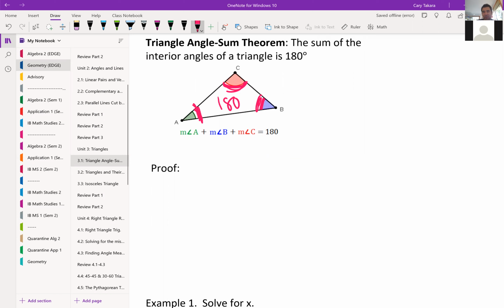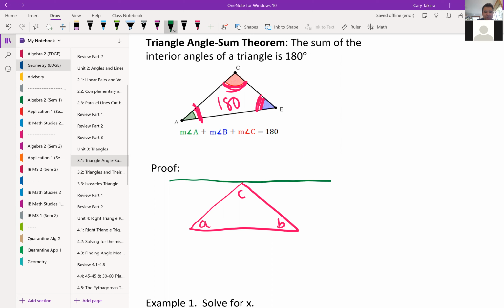Okay. So I'm going to draw the triangle. Something like that. Okay. And I'm going to prove that A plus B plus C is 180. So here's how.